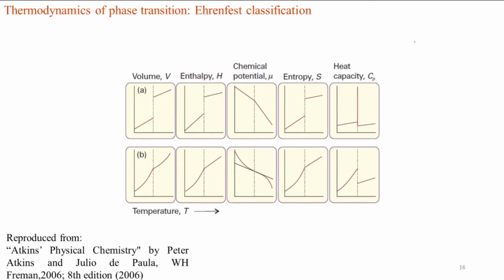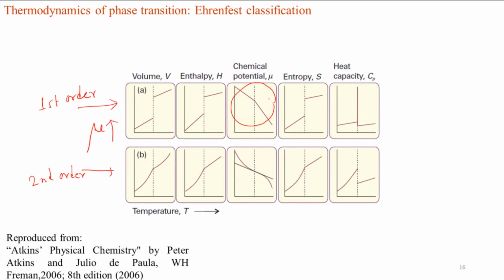So here what is drawn in the top panel, these are all pressure versus mu versus T curves, and all these figures here describe the first order phase transition, and this panel describes the second order phase transition.